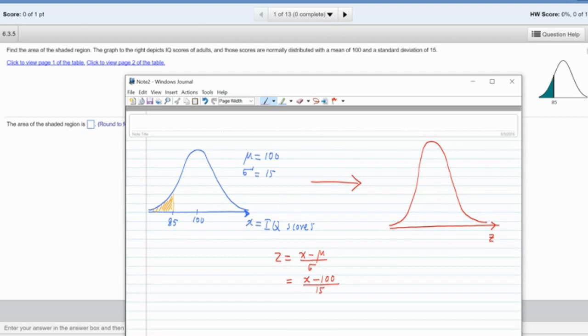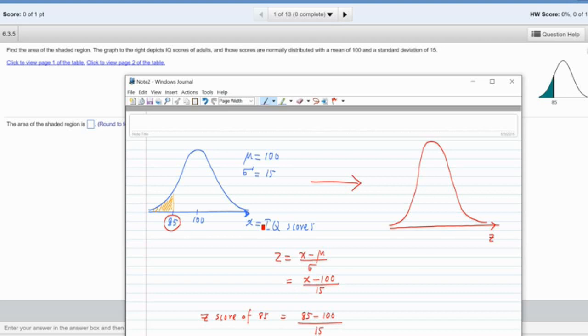Now, 85. We have to convert this 85 to a z value. With x equal to 85, what's going to be the z? The z score of 85 equals 85 minus 100 over 15.